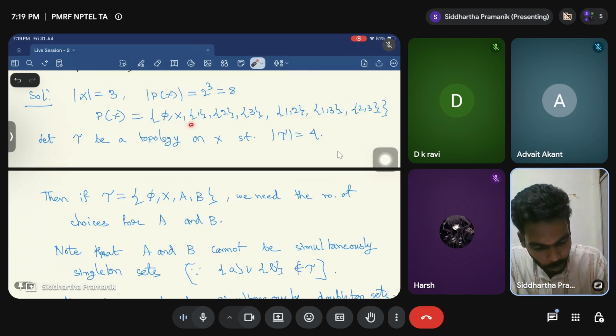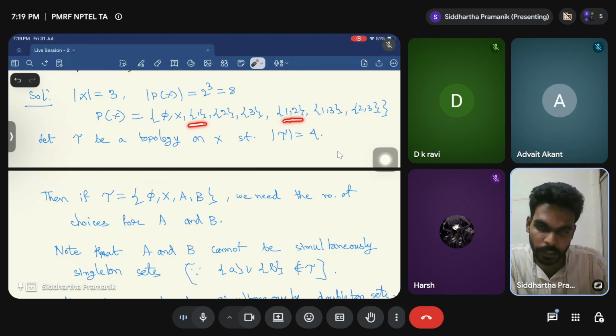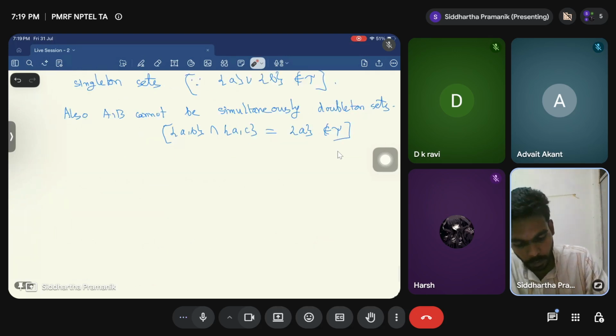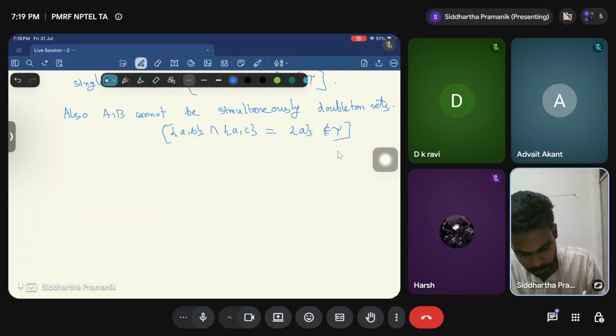If you take {1} and, let's say, {1,2}, then this is a topology because the union is just {1,2} and the intersection is the smaller one. Similarly, if we take {1} and {1,3}, and if we take singleton {1} and {2,3}, then their intersection is empty and the union is the whole set. So in fact, all of these choices will be topologies.